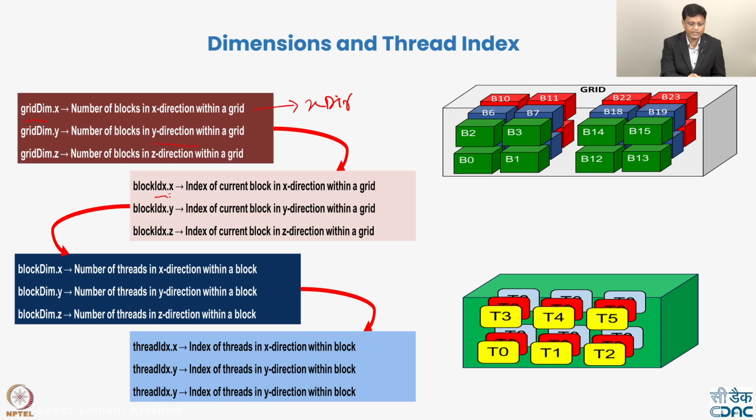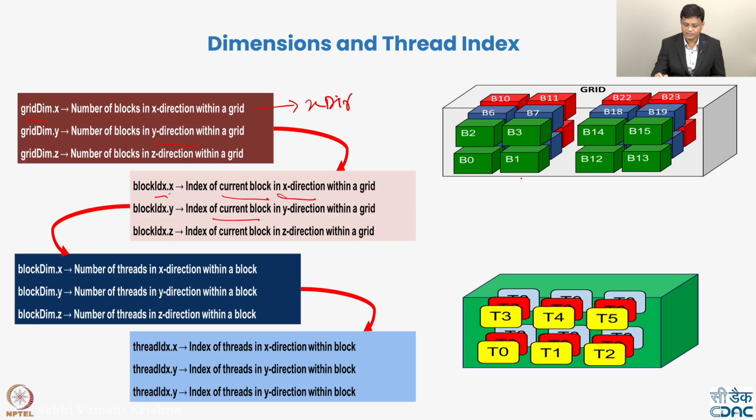So, blockIdx.x will give you the position of the current block in the x direction. blockIdx.y returns the index of the current block in the y direction. Similarly, blockIdx.z returns the current block in the z direction within a grid.